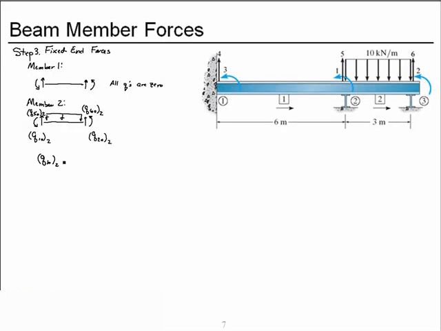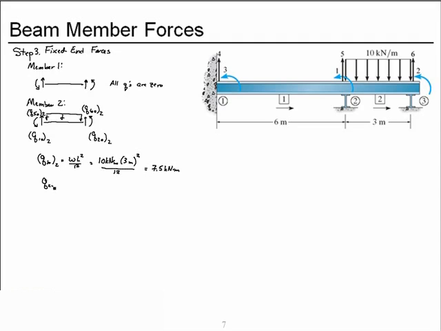So for the left end, since we draw them counterclockwise, we have omega L squared over 12, and so that's 10 kilonewtons per meter times 3 meters squared over 12, and that gives a positive 7.5 kilonewton meters.